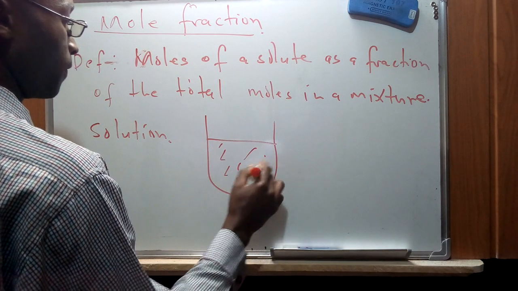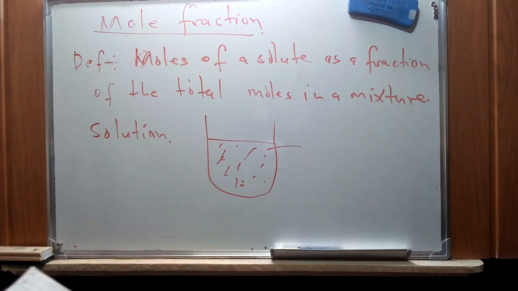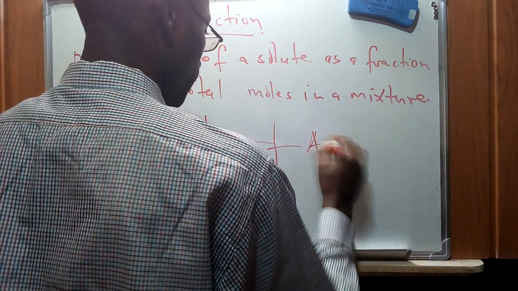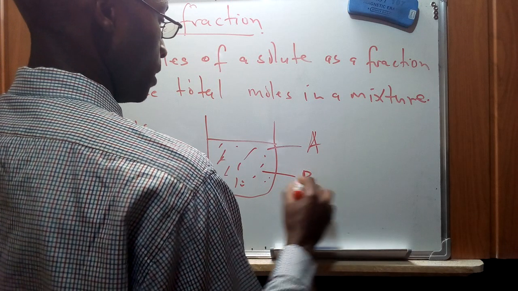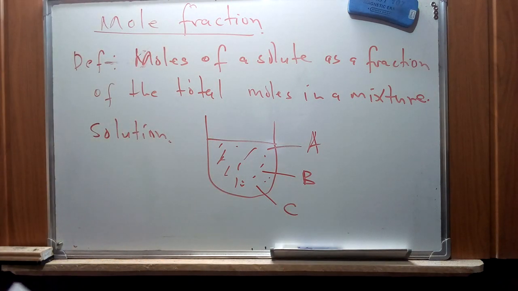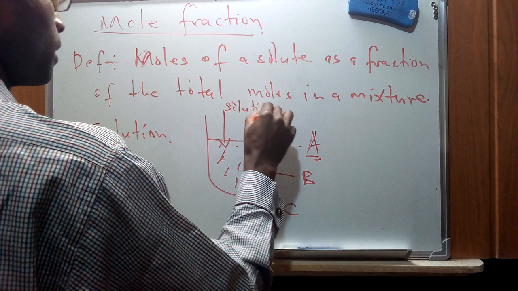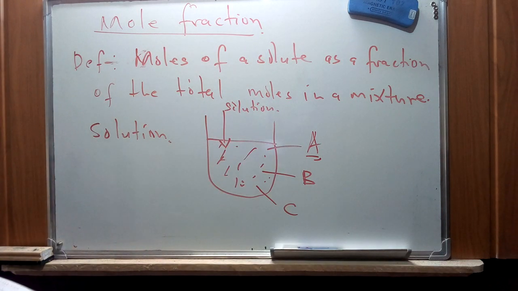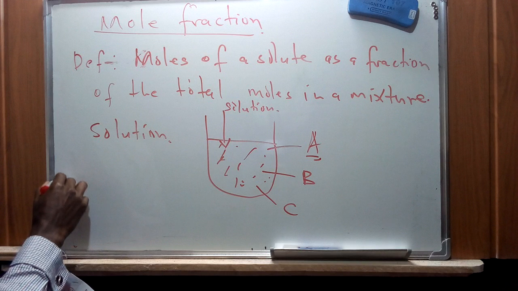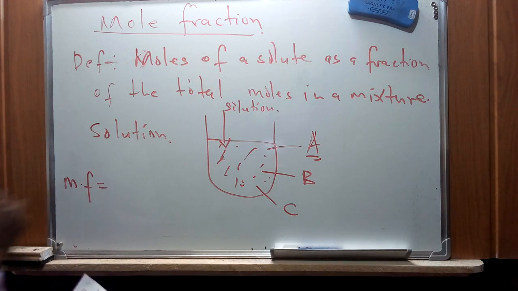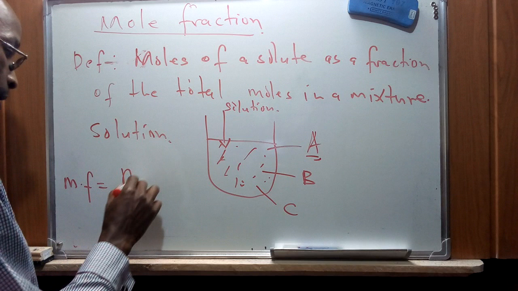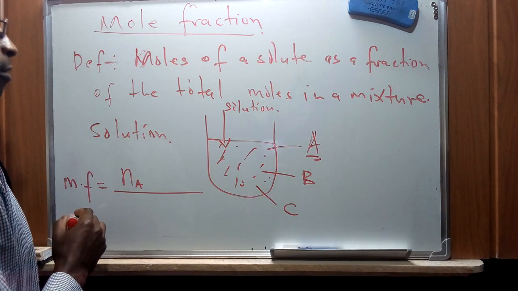Maybe this is a solution that is containing the moles of substances A, B, and C. To express the mole fraction of one of the components of this particular solution, like component A that is making up this solution, we're going to express the mole fraction of component A as the number of moles of A divided by the total number of moles in the mixture.